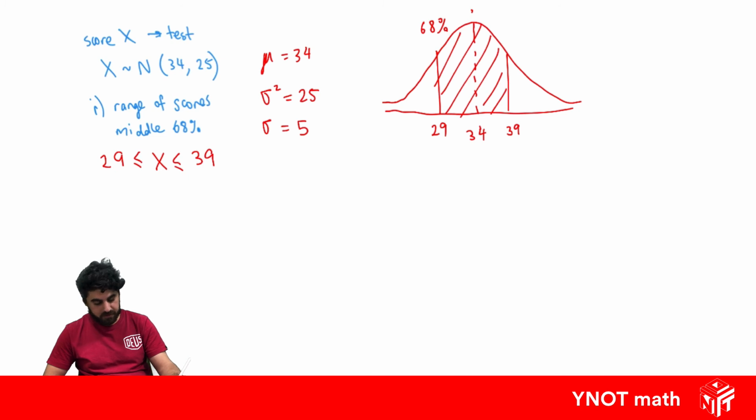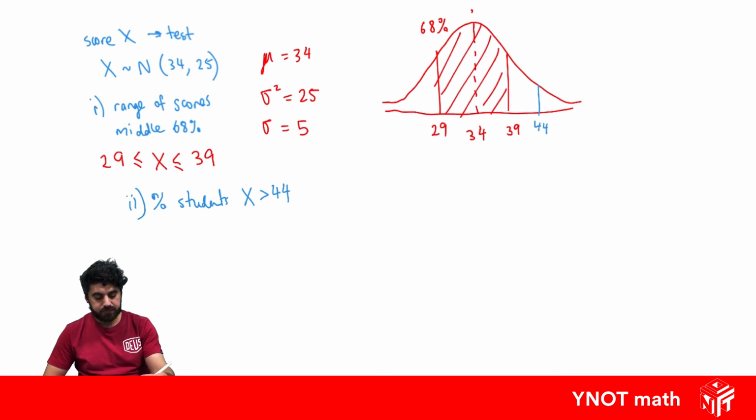What about the second question? We're after the percentage of students that would get a score that was greater than 44. So let's again go to our graph. And we know we can keep adding and subtracting standard deviations on either side. So another standard deviation of 5 would get us to 44. And one below would get us to 24.